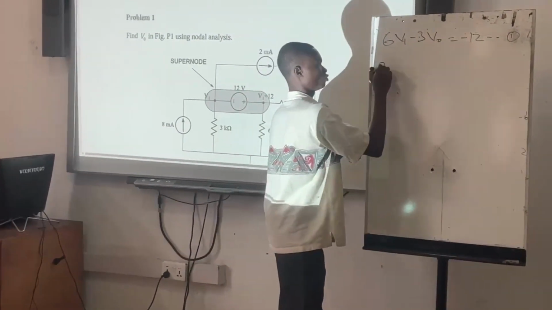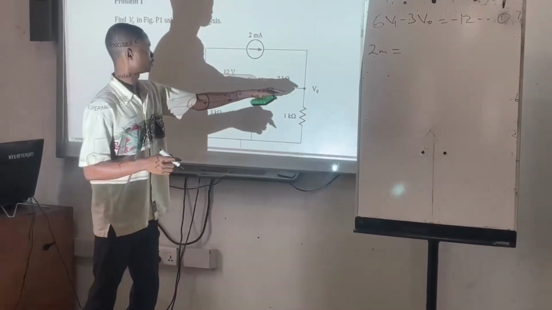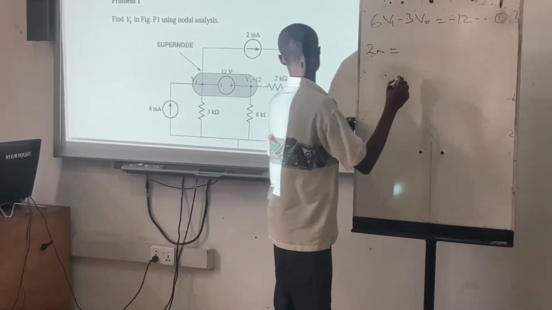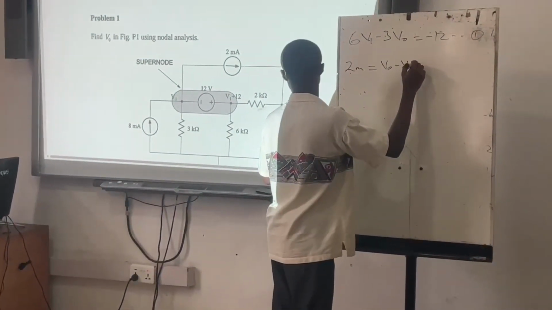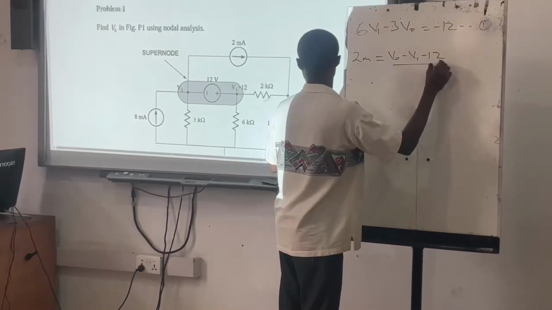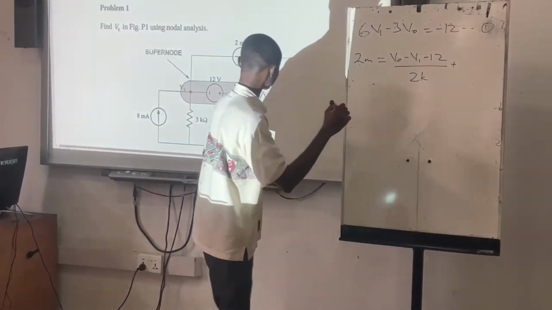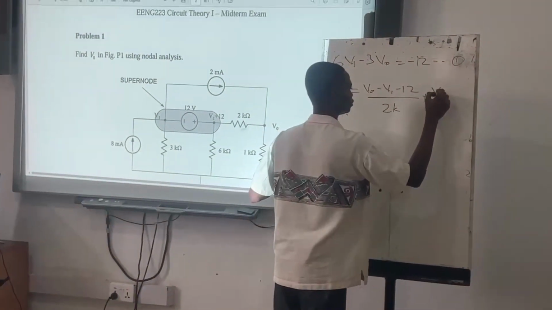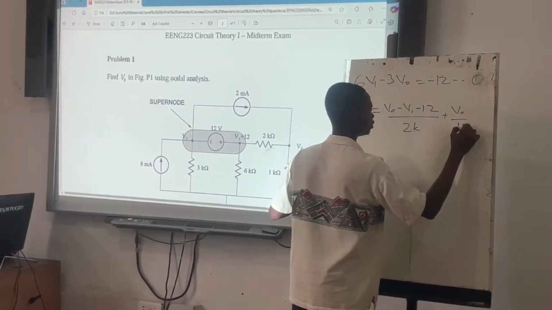So 2 milliamps will be equal to, if this current is leaving, V0 minus V1 minus 12 over 2 kilo ohms, plus this current is also leaving, V0 over 1 kilo.